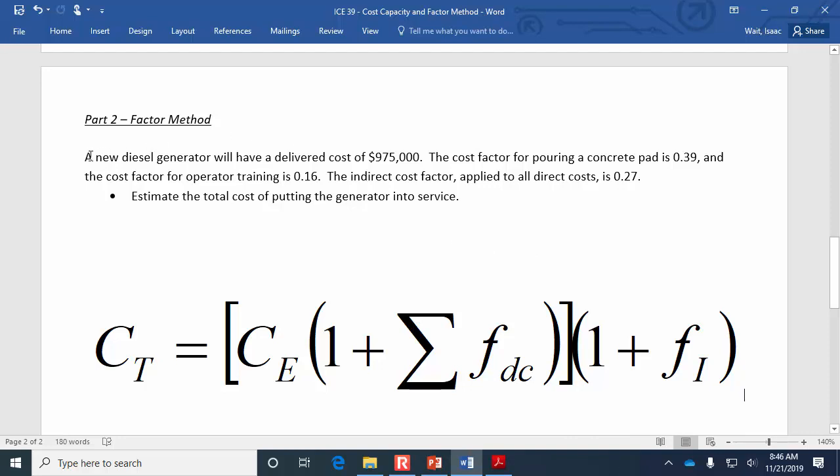So we know the cost of one major piece of equipment, the generator itself, but then there are also the other expenses of the concrete pad, which is usually 39% of the cost of a generator, and training is usually 16% of the cost of the generator. And then on top of it, so the bracket means that once you find that overall direct cost, you add the indirect costs on top.